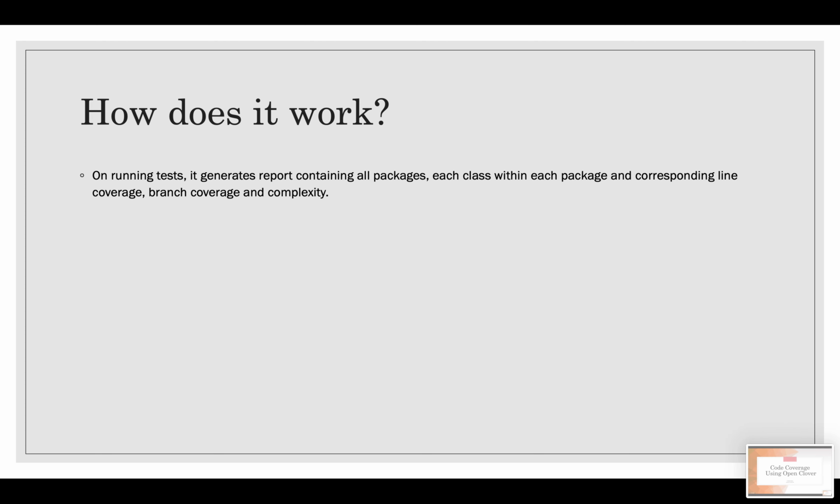It will do several calculations and generate reports based on the methods and the statements which have executed and which have not been covered, and classes in your whole project. And these are the metrics you'll have a look at in your dashboard. So it works through your dashboard. It will generate metrics in the dashboard.